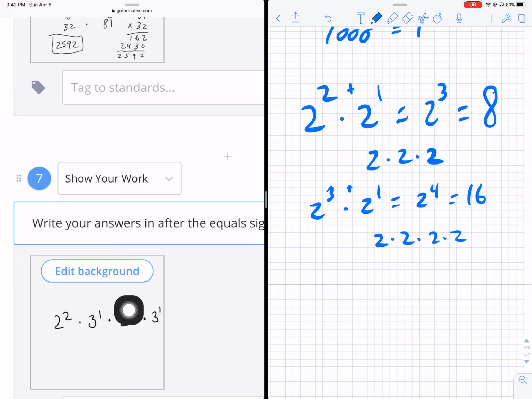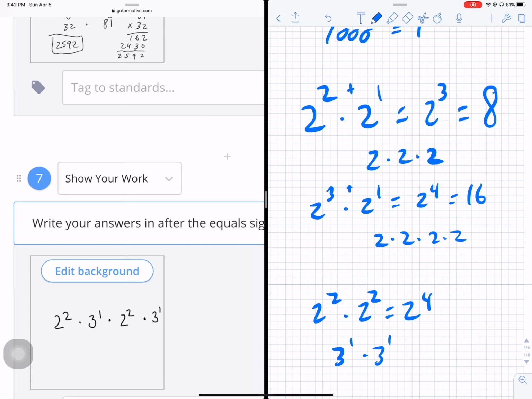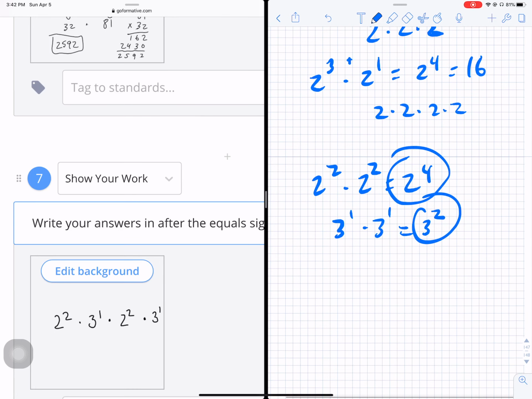So 2 to the second times 2 to the second, that makes 2 to the fourth. And 3 to the first times 3 to the first, that makes 3 squared. So I'm basically multiplying this one times this one. Well, 2 times 2 times 2 times 2 is 16, and 3 times 3 is 9. So the answer for this one is probably going to be that.